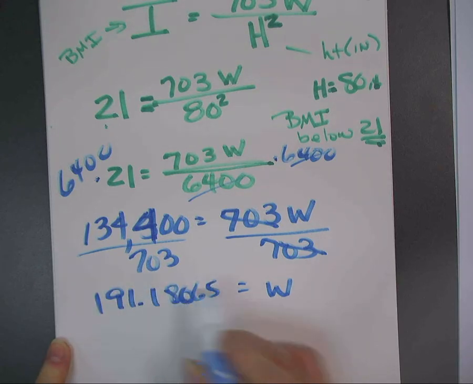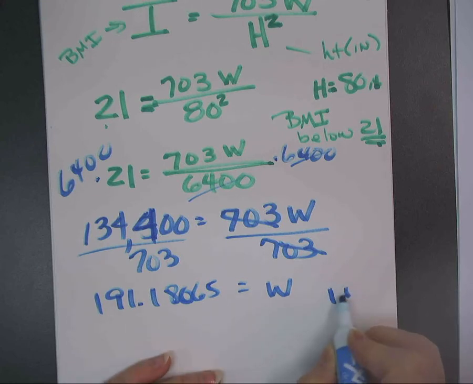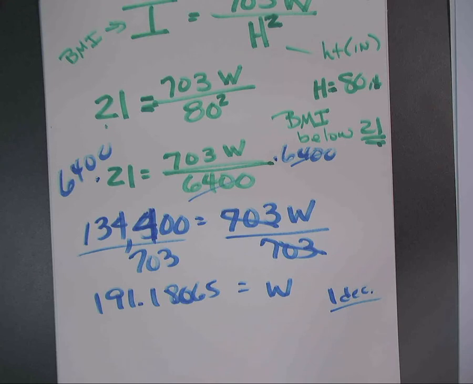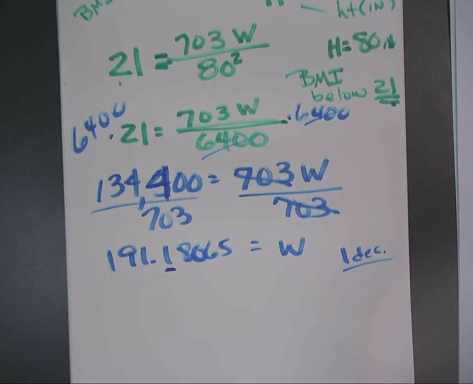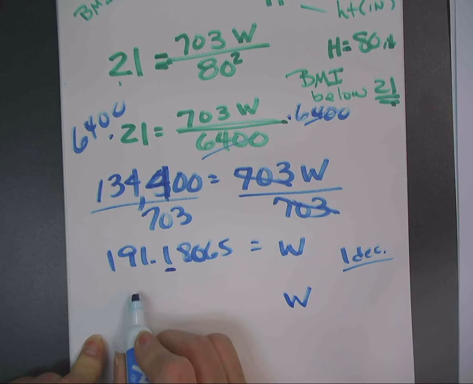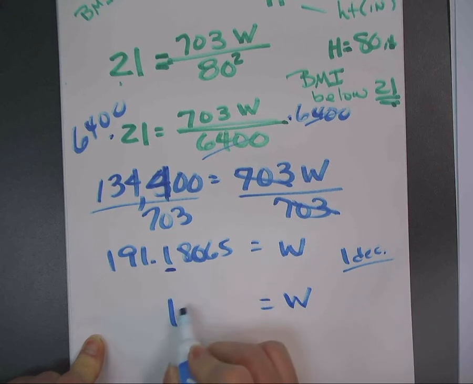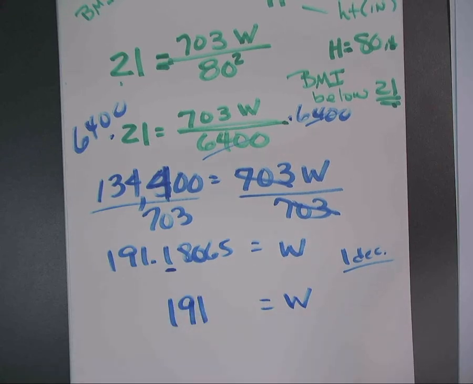And it wants us to round to 1 decimal place. So that means you want to leave 1 decimal there, that's a 10th, right? So what's the weight? 191. That's not 1 decimal place.